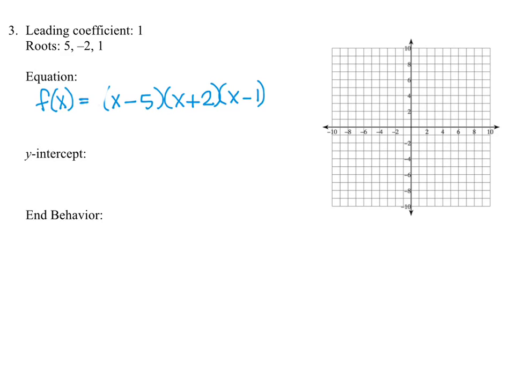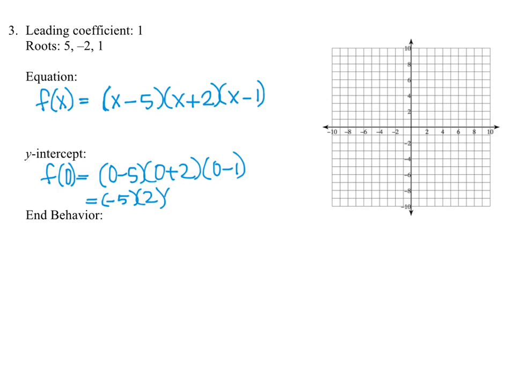For the y-intercept, plug 0 in for x. f of 0 equals 0 minus 5 times 0 plus 2 times 0 minus 1, which is -5 times 2 times -1, which is 10.